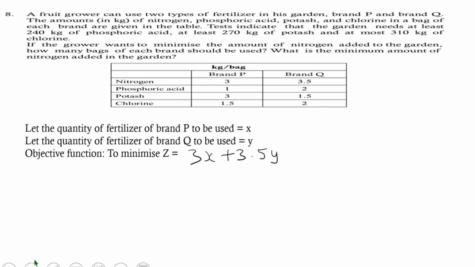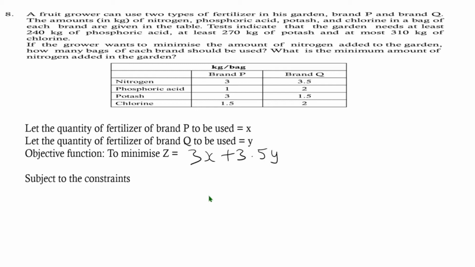Next we have to see the constraints. Subject to the constraints, they have given the garden needs at least 240 kg of phosphoric acid. Here brand P has got 1 kg per bag of phosphoric acid and brand Q has got 2 kg per bag of phosphoric acid.